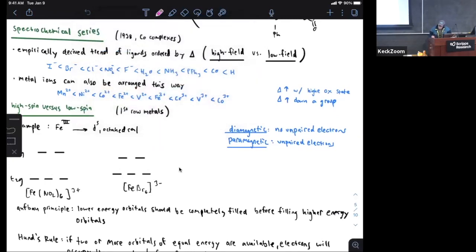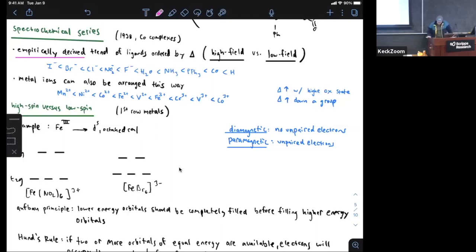This is not something that necessarily falls out of first principles, but is related to first principles. Let me first emphasize that the spectrochemical series is an empirically derived trend. So if you're asking what the connection is between this and some of the first principles we've covered so far in class, I'll just say this is an empirically derived trend.